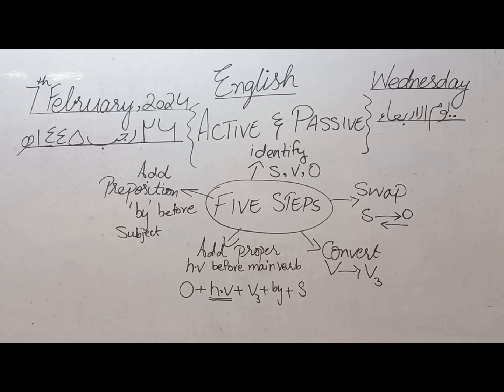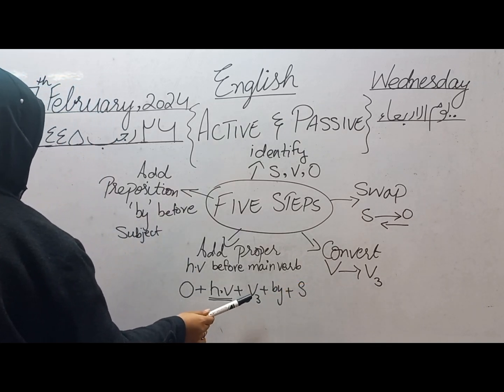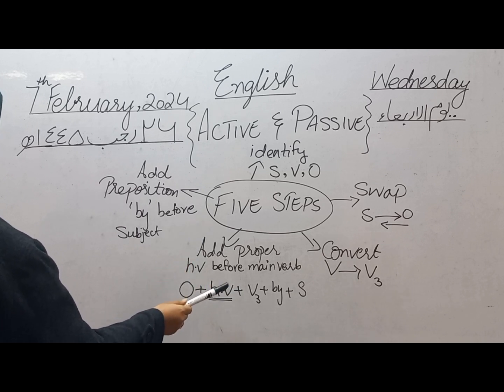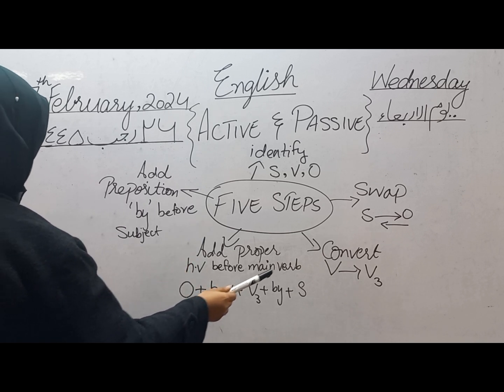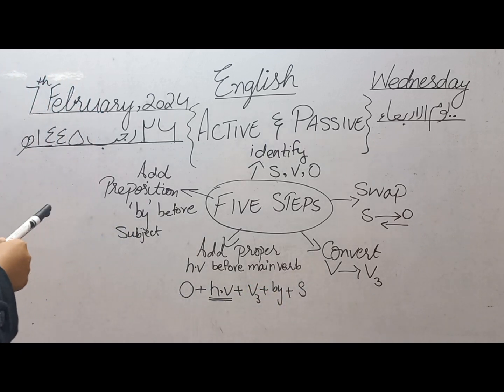Then you have to add a proper helping verb before the main verb, before this V3, the verb you have converted into the third form. And the helping verb will be decided by the verb in the active sentence. I'll show you how. And the last step is, you have to add the preposition by before the subject.